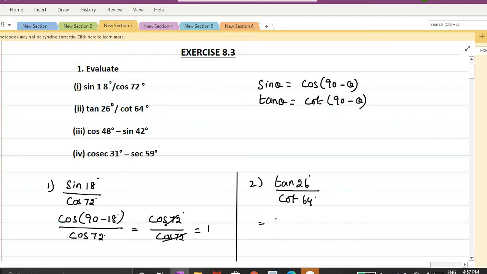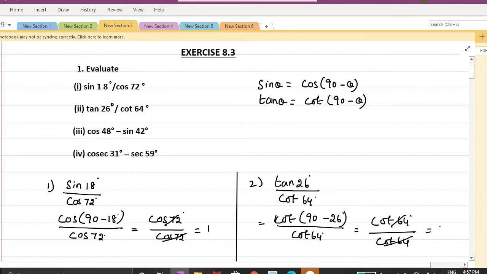So cot 90 minus 26, and the denominator as it is, I am writing cot 64. That is 90 minus 26, 64. Here cot is there, so cot 64 by cot 64. If I cancel, I will get 1.